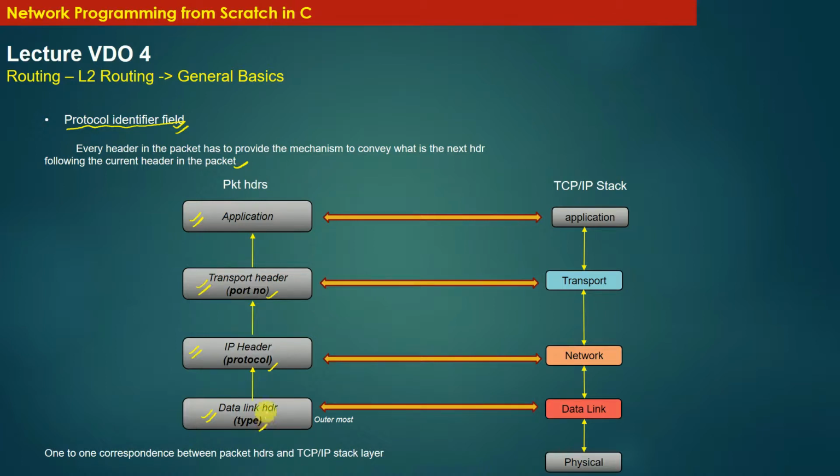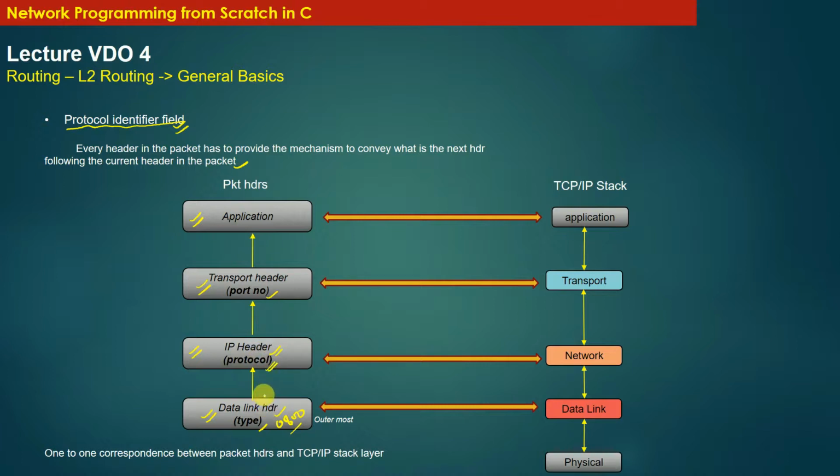Special field means these fields contain information that conveys what is the next header following the current header. For example, in the data link header, the type value is 0800. If the type value is 0800, it means that the next header is the IP header. In the IP header, there is a field called protocol.